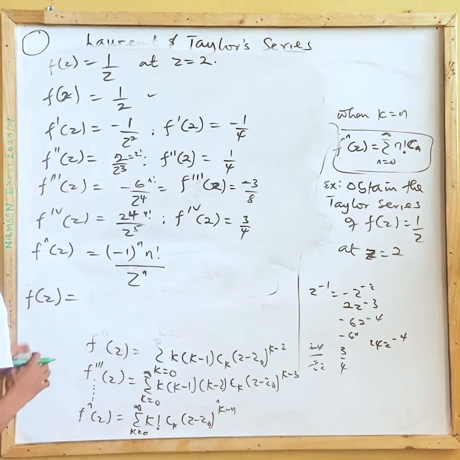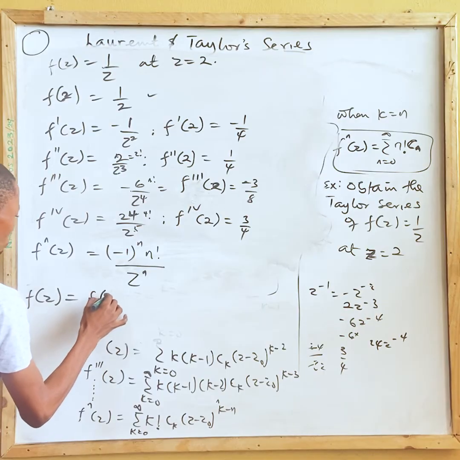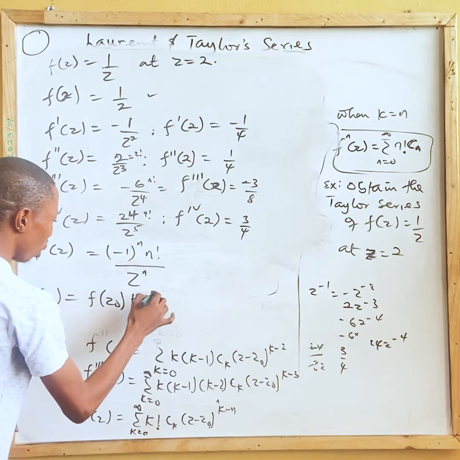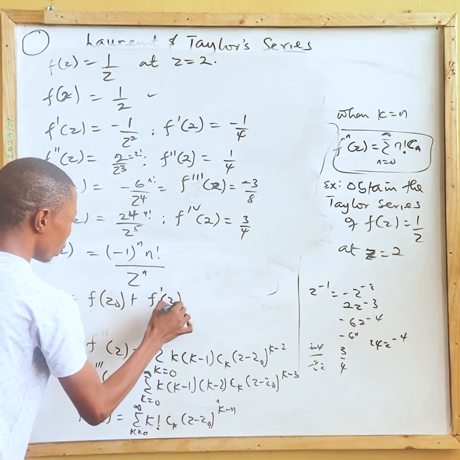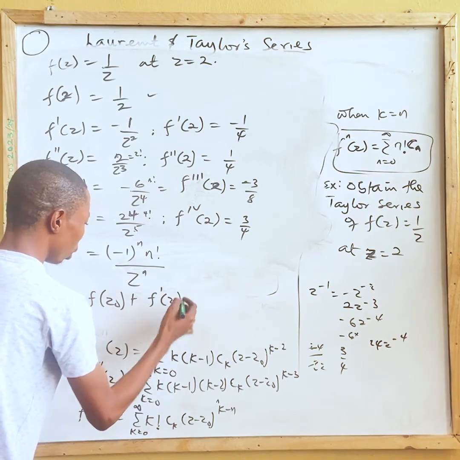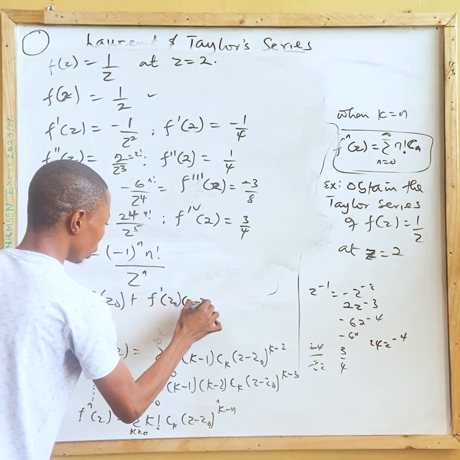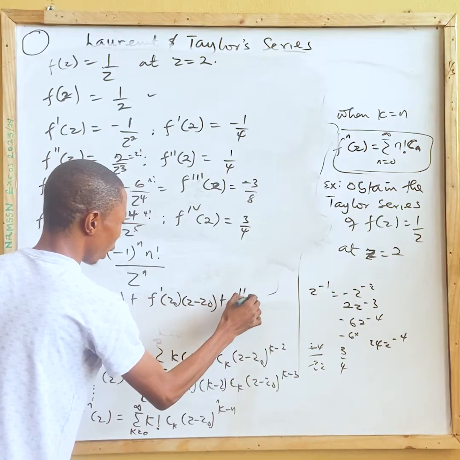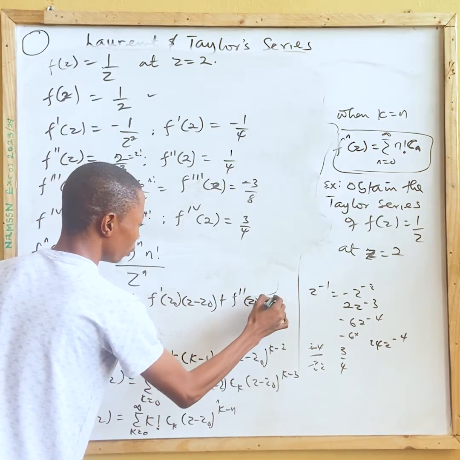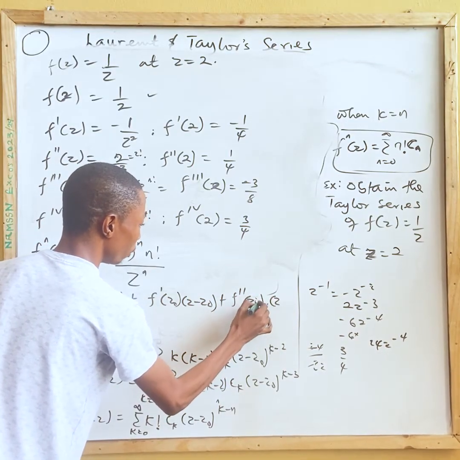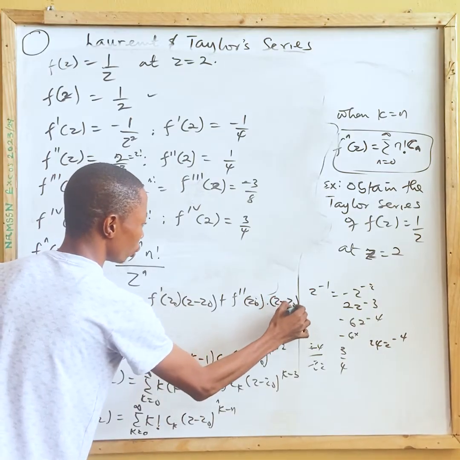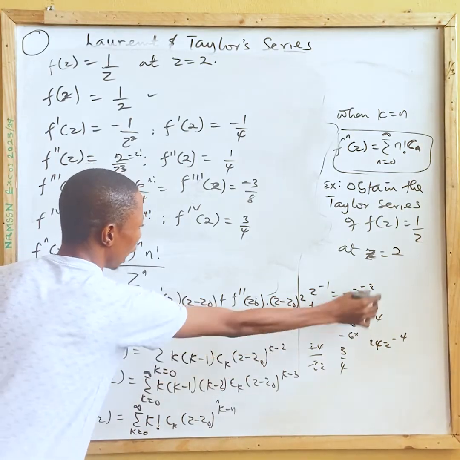So f of z will be f of z naught plus f prime of z naught times z minus z naught plus f double prime of z naught times z minus z naught all squared over 2 factorial, and so on like that.